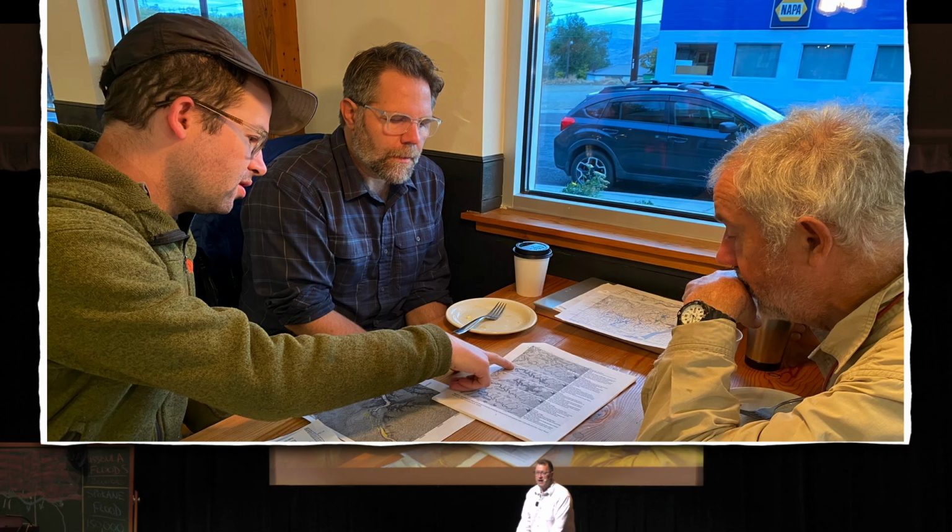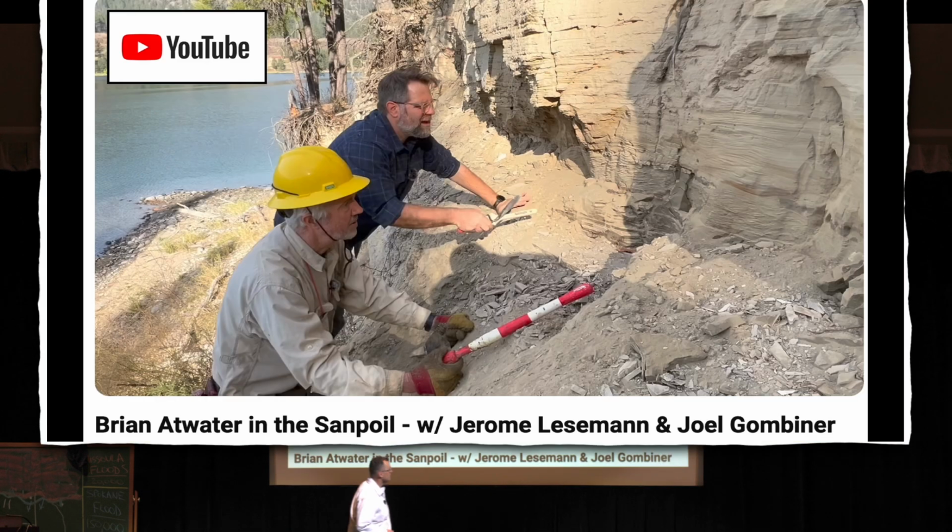And I was trying to basically be a matchmaker. And eventually got them together in the field with Brian Atwater just this past fall up at Grand Coulee. And so there was now, for the first time, a synergy between the three of them. And Atwater turned out to be the main advisor of Joel Gombiner as he finished up his PhD.